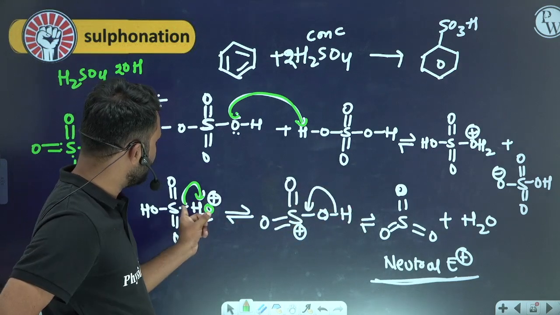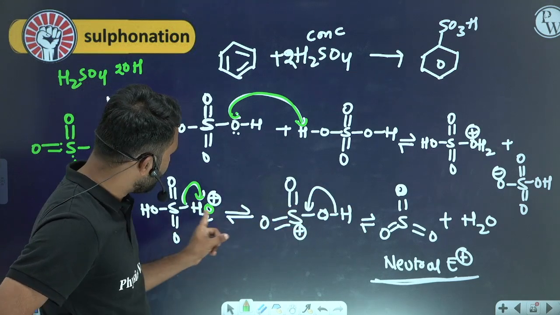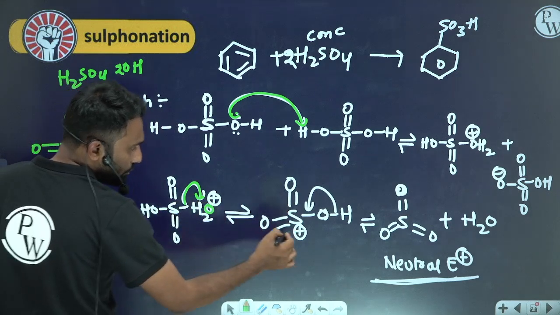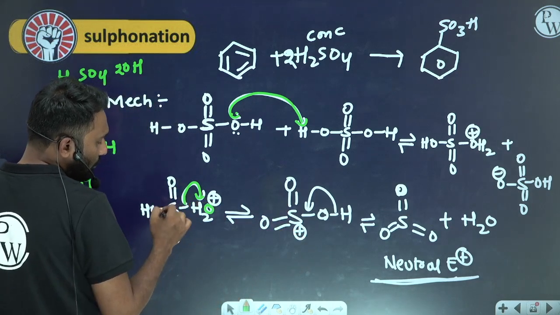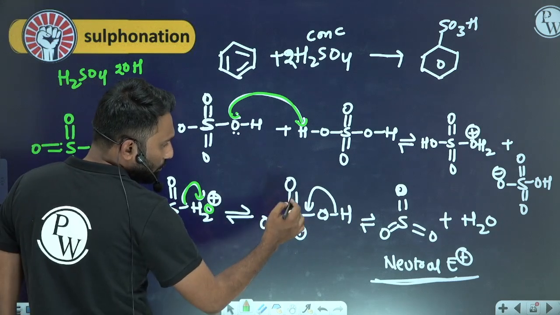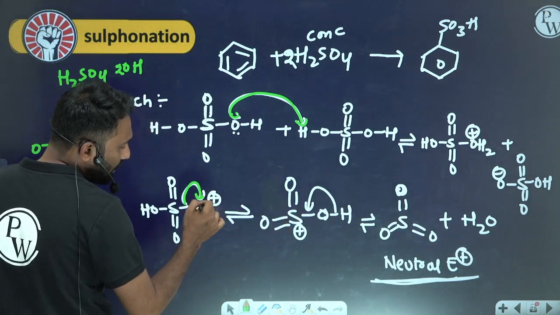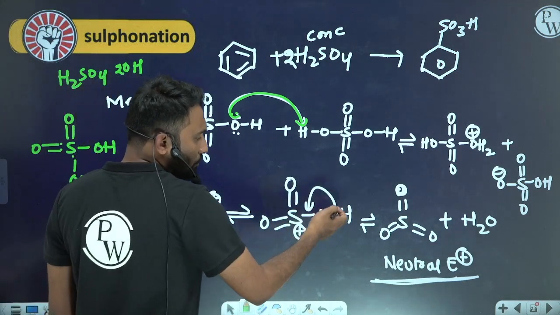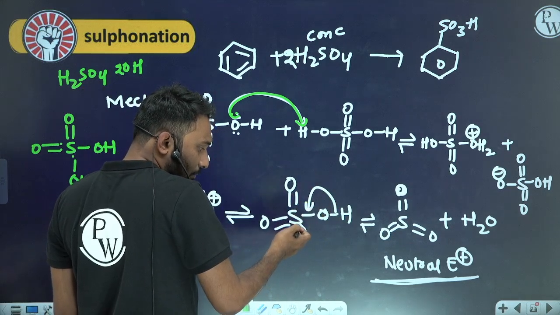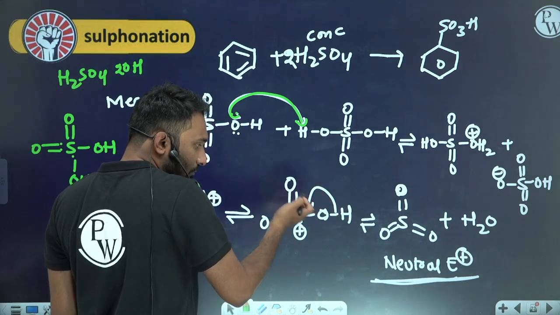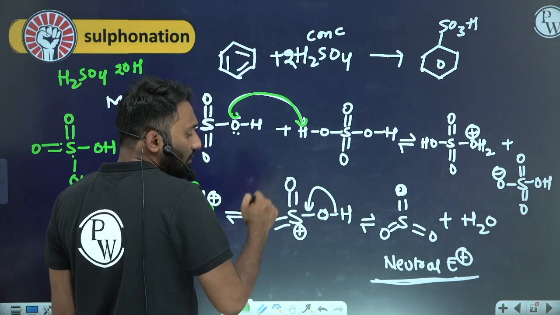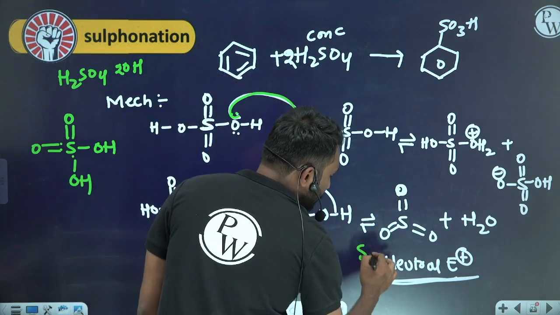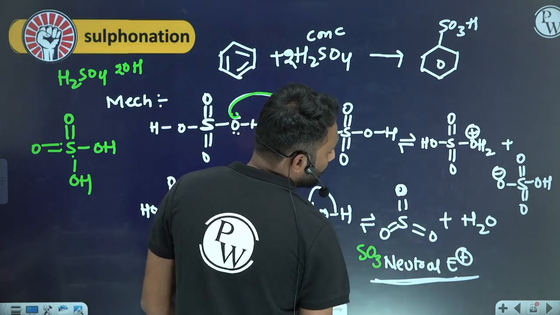When this bond pair is given to the oxygen, sulfur gets the positive charge, with two double-bonded O and one OH. Clear? Now the positive sulfur gives us SO3.